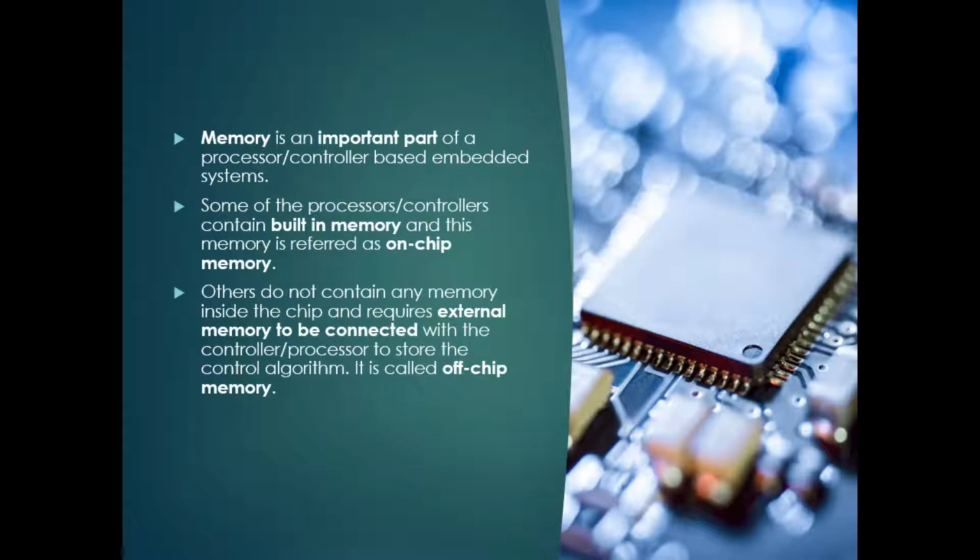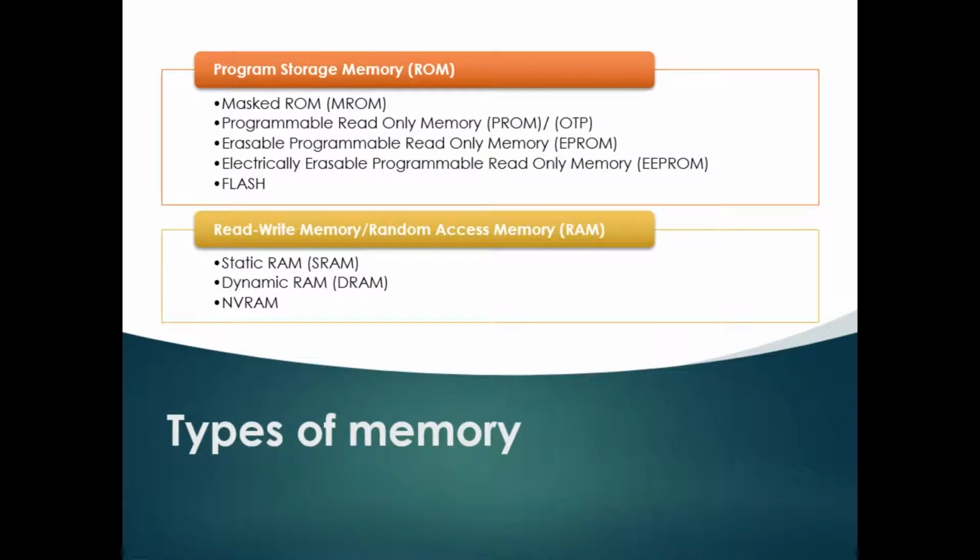Further, the memory is divided into two: program storage memory, which we call read-only memory, and read-write memory or random access memory.